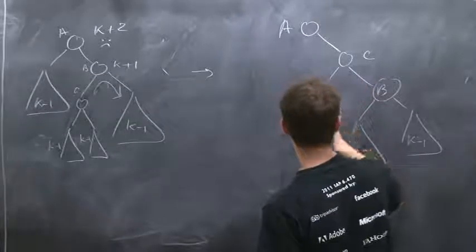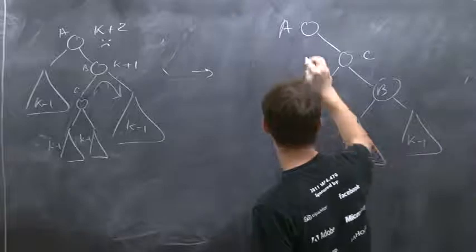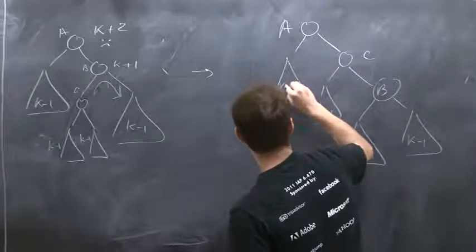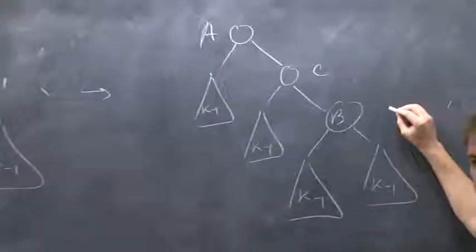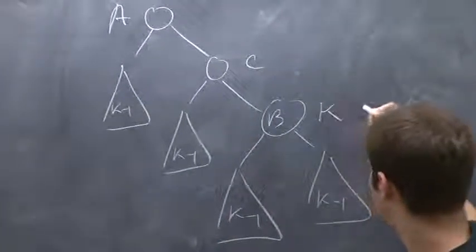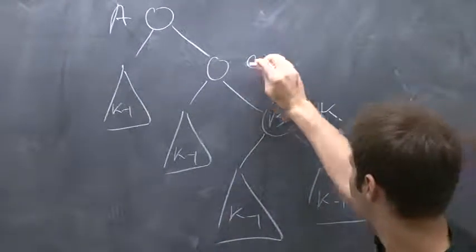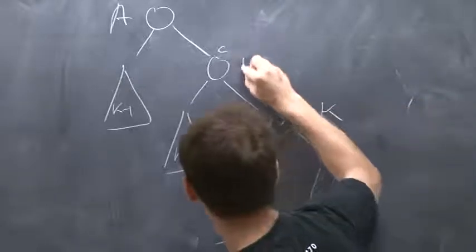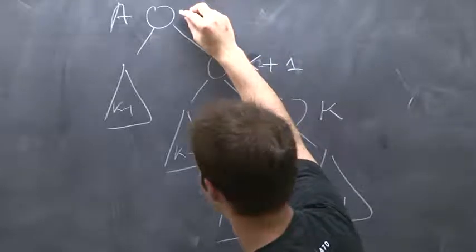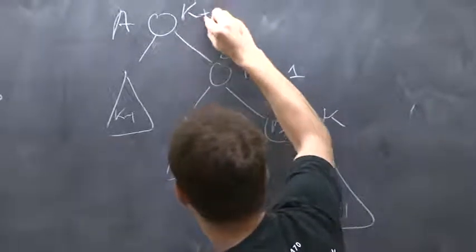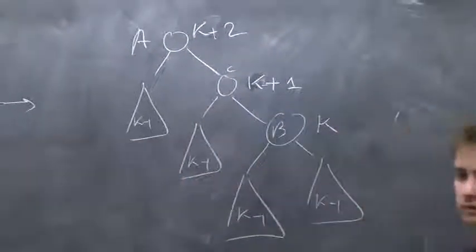Then the left child of C is another K minus 1. And this guy is K minus 1. Okay, what's the height at B now? Okay. What's the height here? C. And the height here? Okay. Is this an AVL?